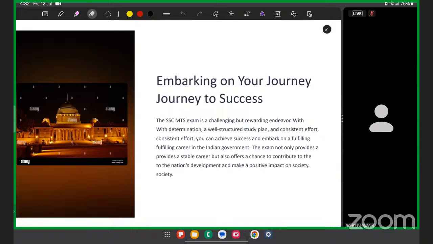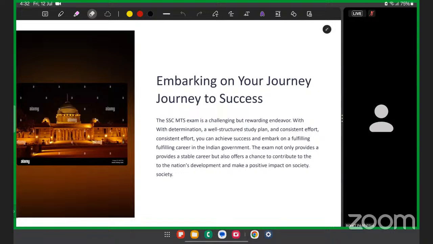MTS is an important job opportunity for those looking for financial security and stability, who will take this job as a stable platform and then reach the other important heights of their life.